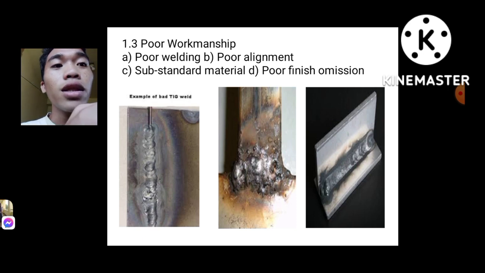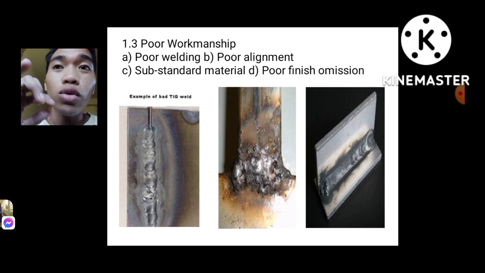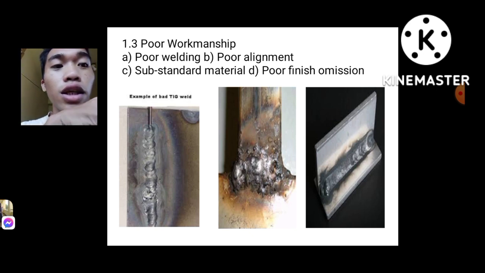Ang pang-upat is poor finish omission, kanang inigkahuman og welding maot ang iyang agi. May busot-buslot na pay butlig-butlig, mao na examples of poor finish omission na maot pagka welding or maot pagkagama.